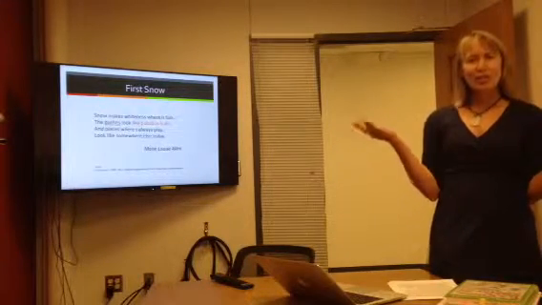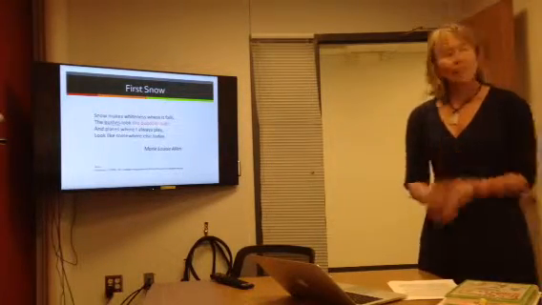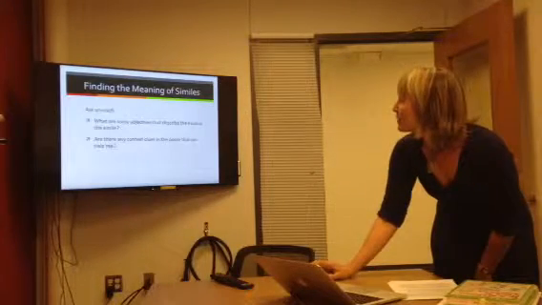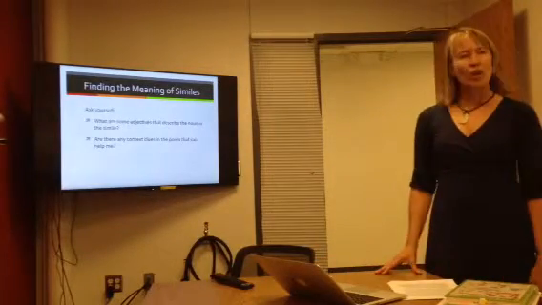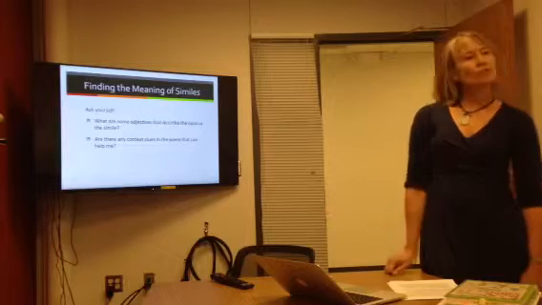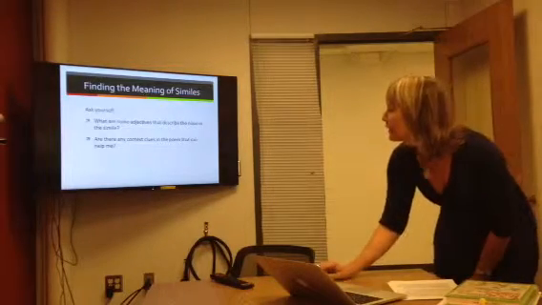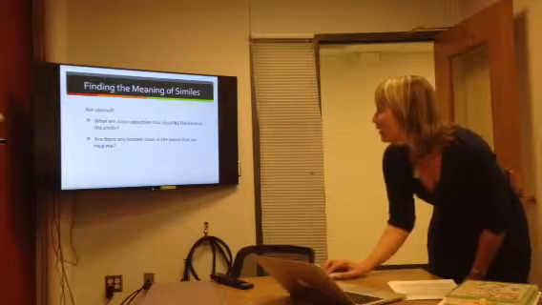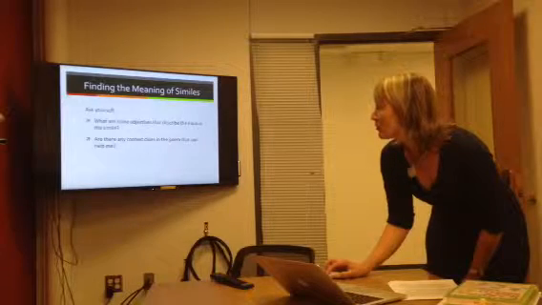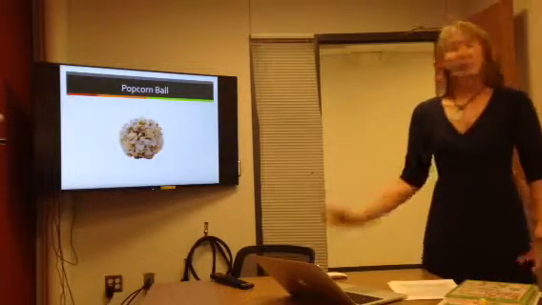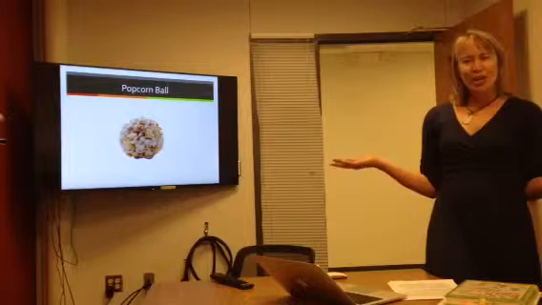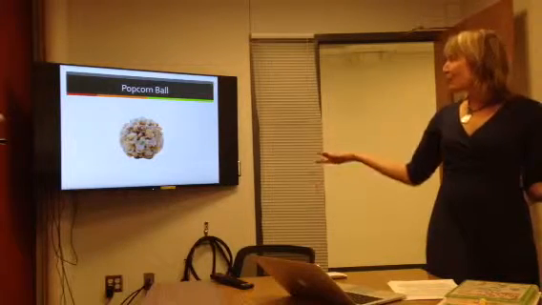But maybe I'm not quite sure what the author meant, and so I have a few questions that I can ask myself. The first is, what are some adjectives that describe the noun in this simile? So my noun was popcorn balls. Let's take a look. We have a popcorn ball, so I can think about the noun, the popcorn ball, and some adjectives for it.